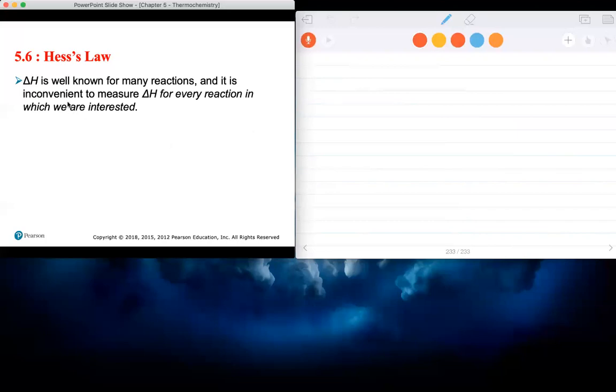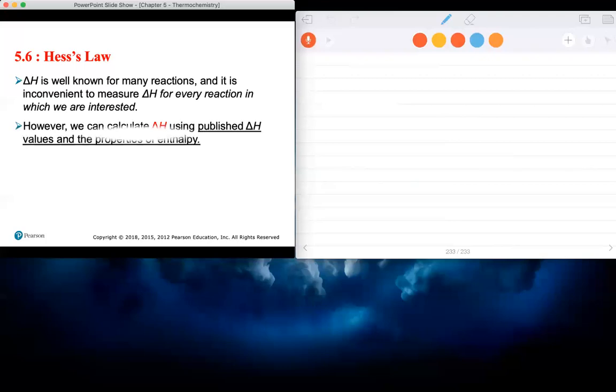It is inconvenient to measure, so it's not possible to measure using a thermometer. We use Hess's law. And it is simple. Don't think that when we say Hess's law, it's hard. If you know third grade maths, then Hess's law is straightforward.